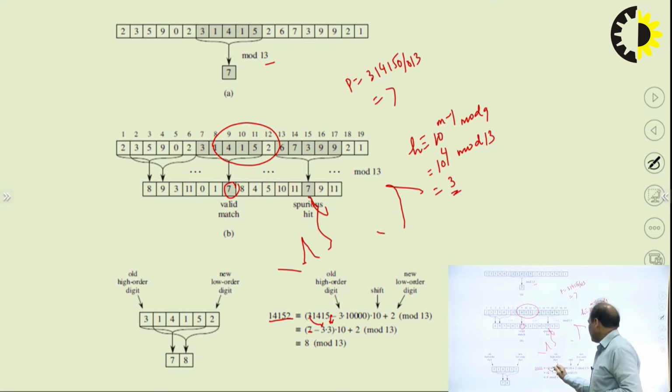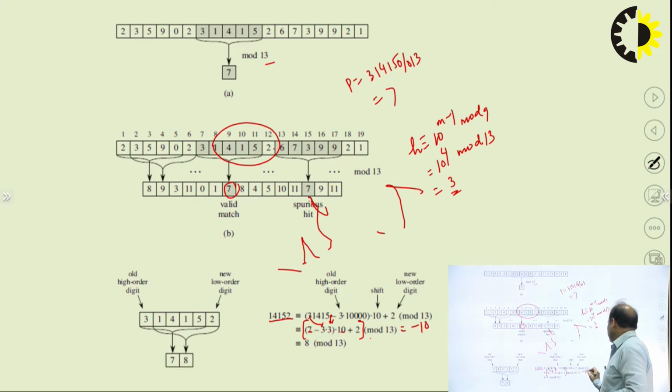So from this hash value, which is 7, you remove the top digit 3 times h, and then the whole thing is multiplied by 10 because the radix is 10, plus 2 which is the next value, right class? So this will be modulo 13. What is coming over here? 7 minus 9 is minus 2, minus 20 plus 2.